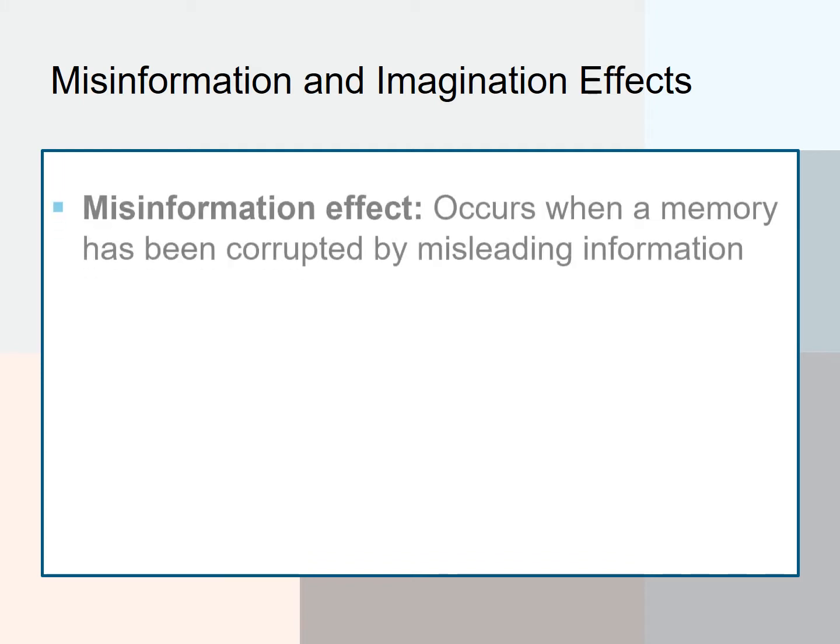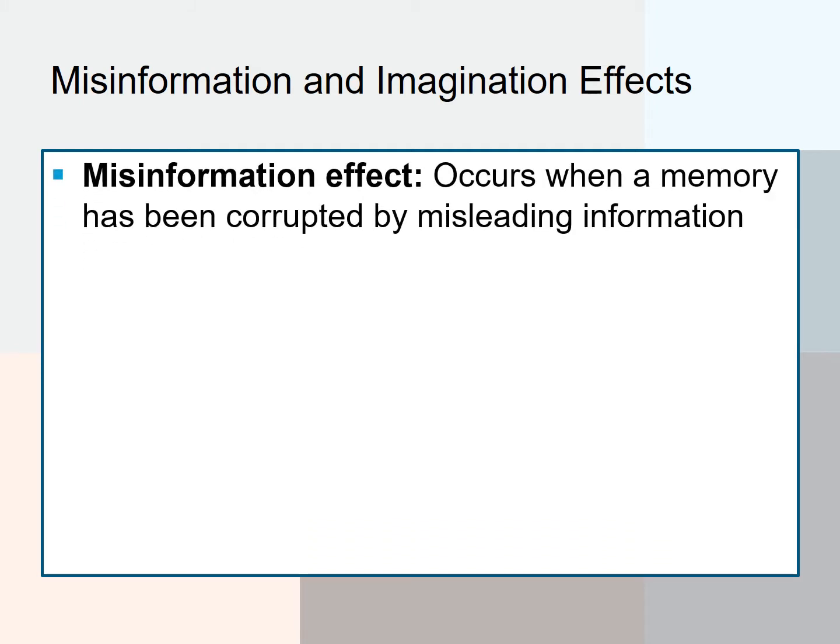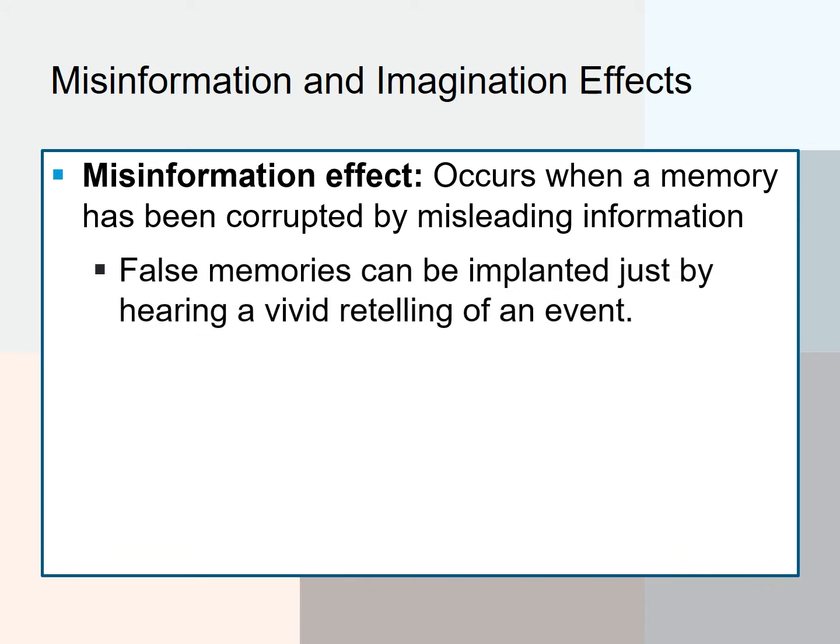Misinformation and imagination effects. So the misinformation effect occurs when a memory has been corrupted by misleading information. False memories can be implanted just by hearing a vivid retelling of an event.